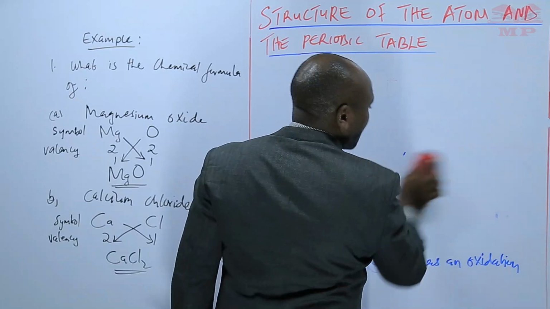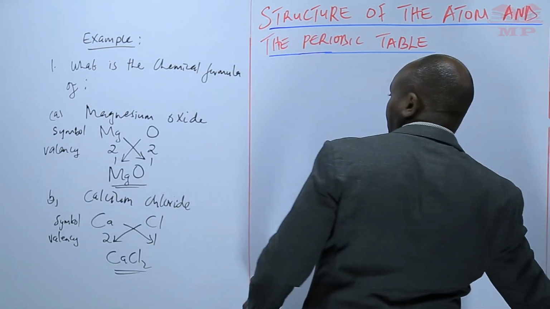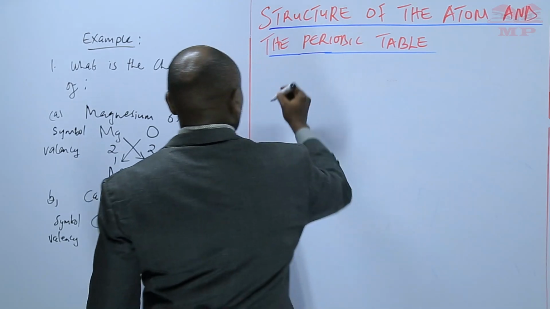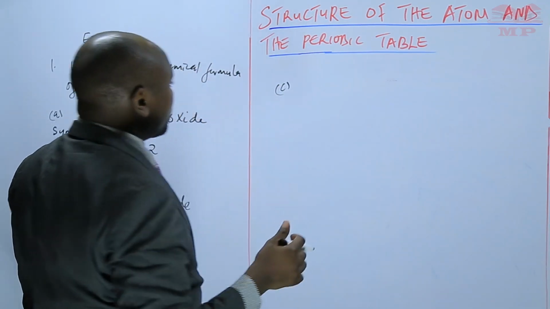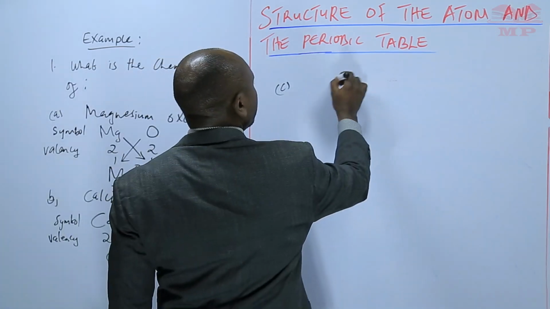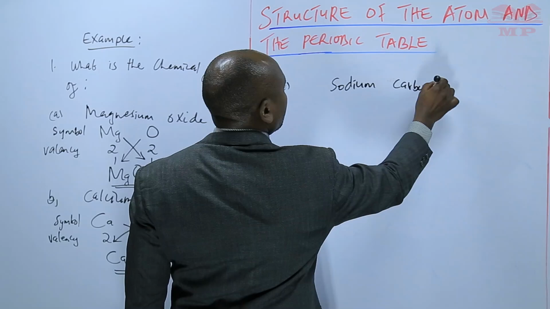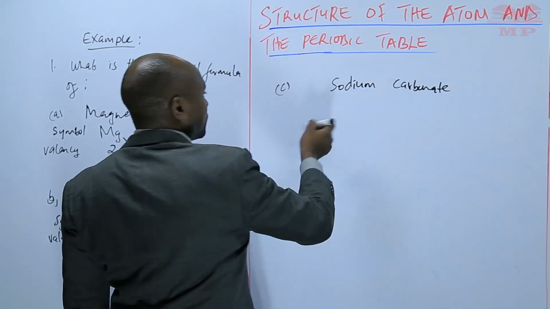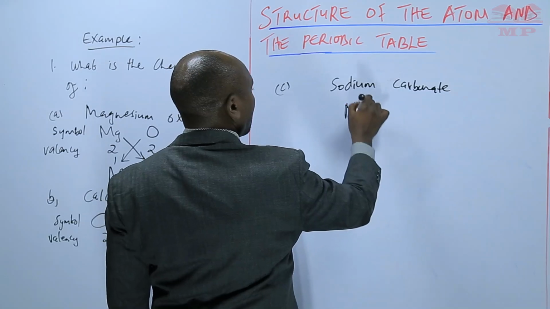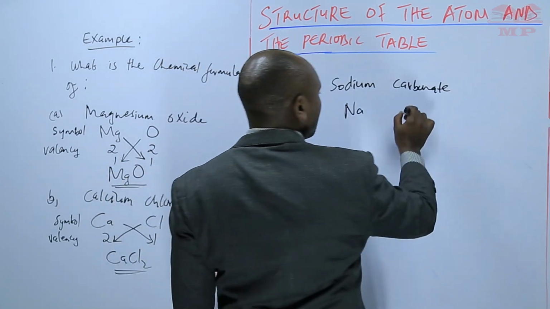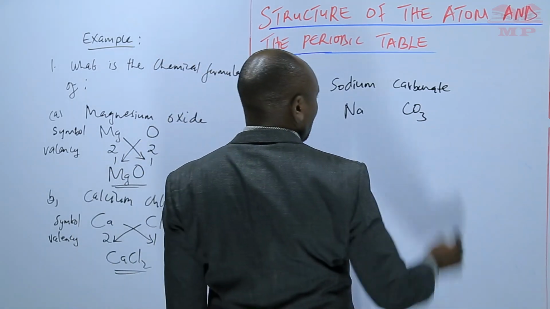Can take a third example. One that is involving a radical. We want to write the formula for sodium carbonate. So sodium, the symbol is Na. Carbonate is CO3, of course, 2 negative.